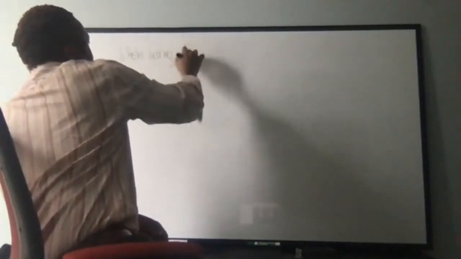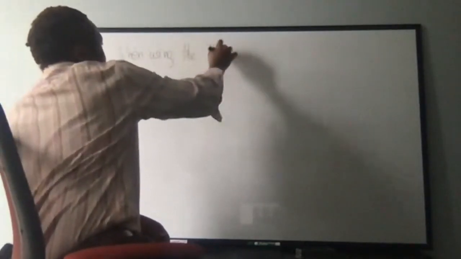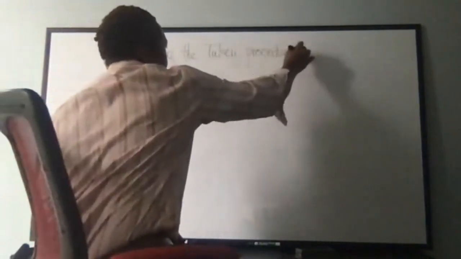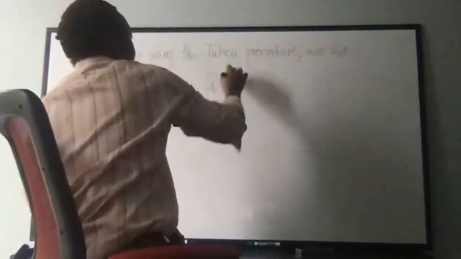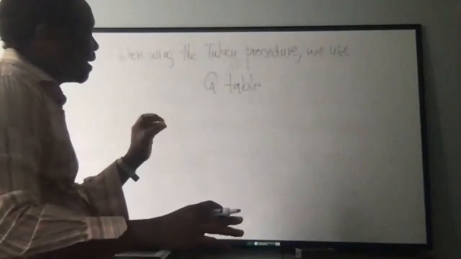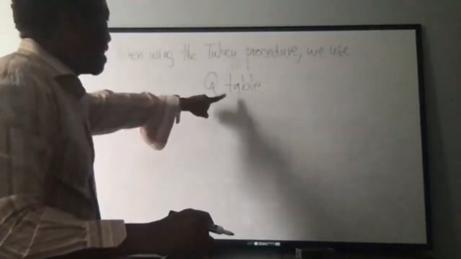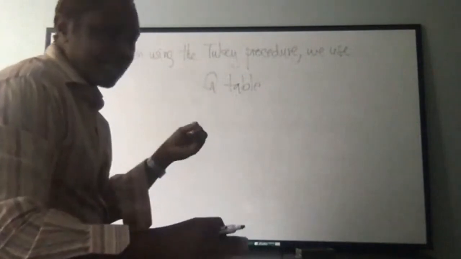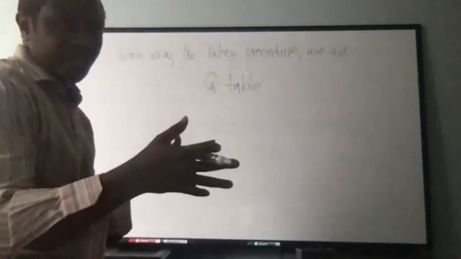When using the Tukey procedure, we use a Q table. It's kind of similar to the F table, but that one value that we get when we look up in the Q table, that one value alone is not going to determine acceptance or rejection.